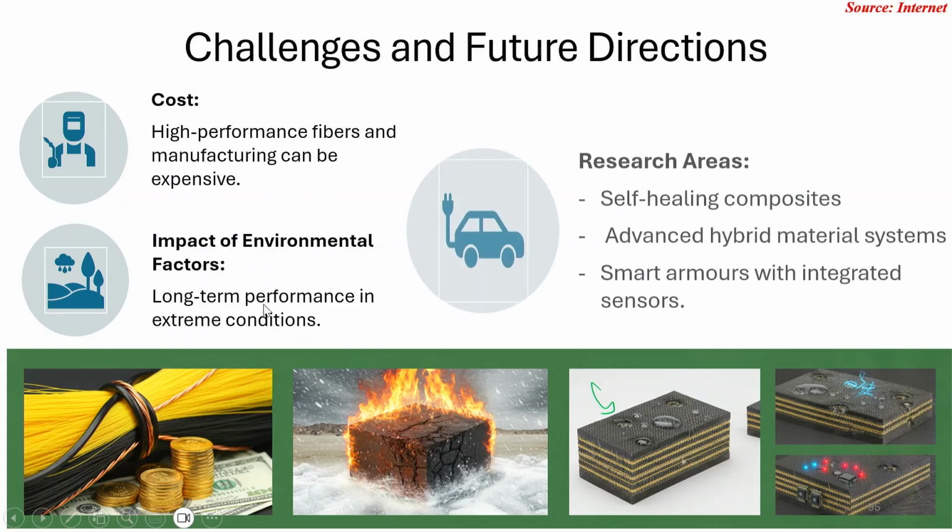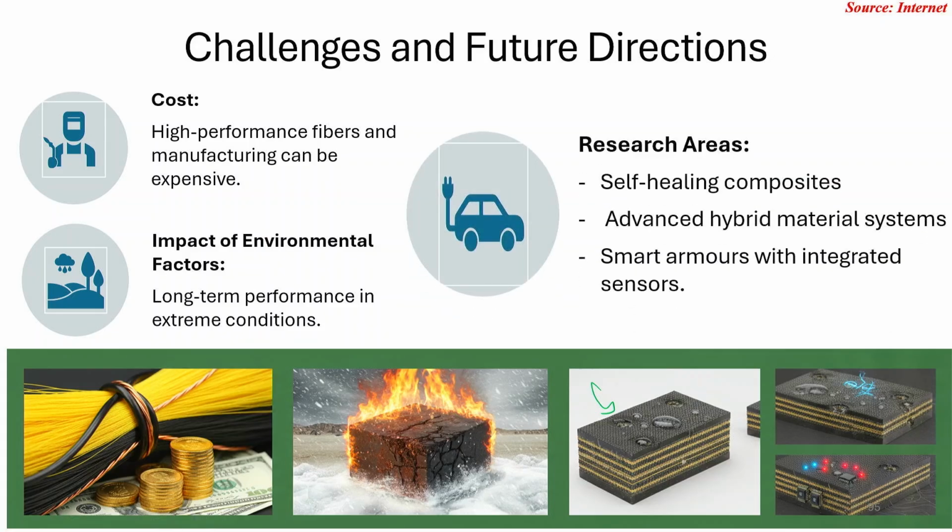and then we have to do proper research in these areas to improve the characteristics of self healing composites. The research area is going on. In case of any damage, self healing composites are in the research. People are doing research on this.